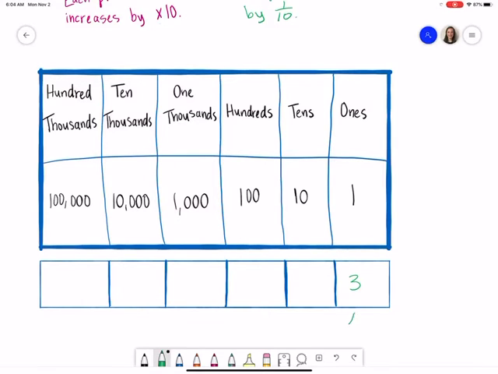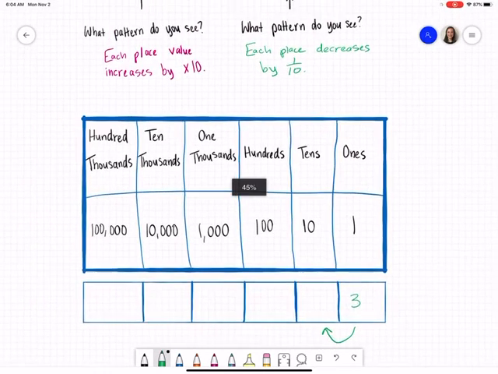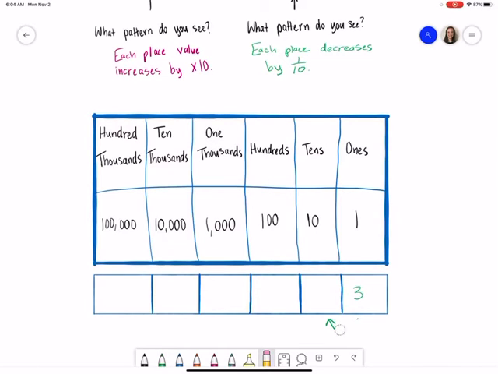If I were to move up one place value using what we know, using the pattern that we created, so let me use a better color. Okay, so I've got 3. If I were to move up a place value, what would this value be? Use the pattern. Okay, so it would be 30.